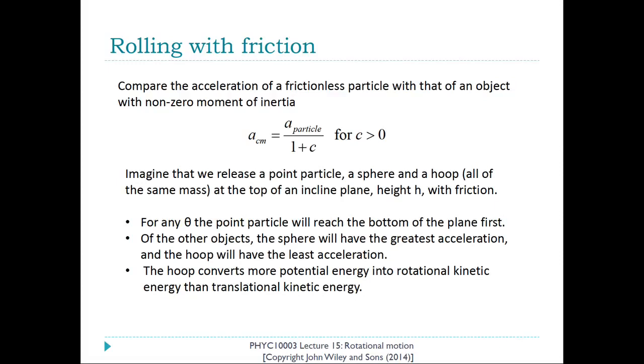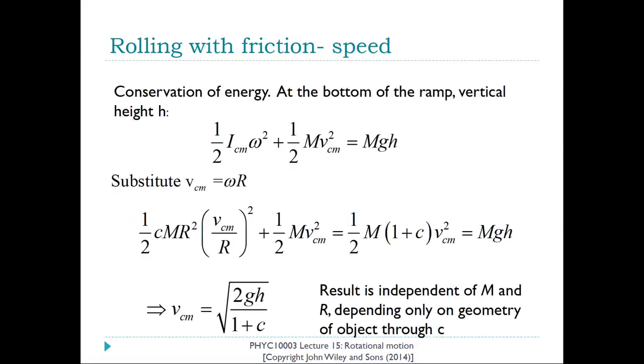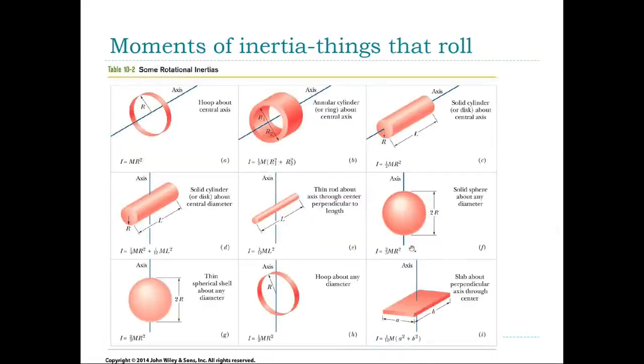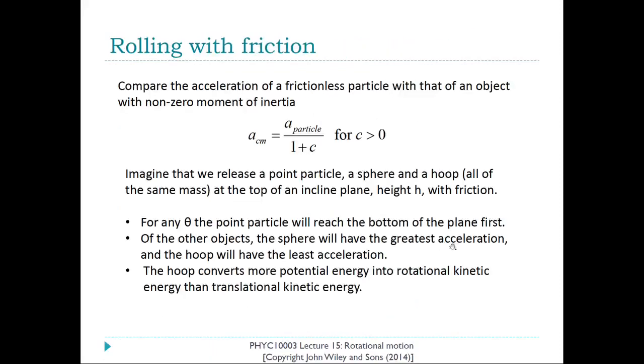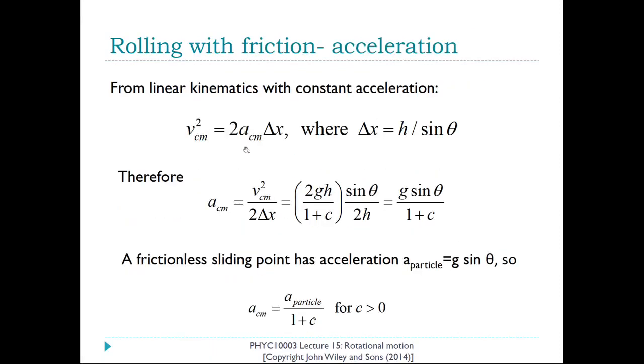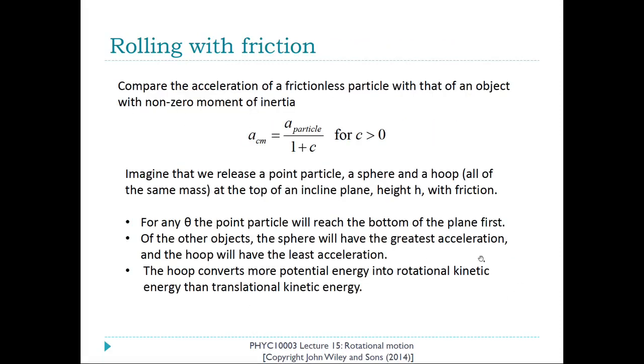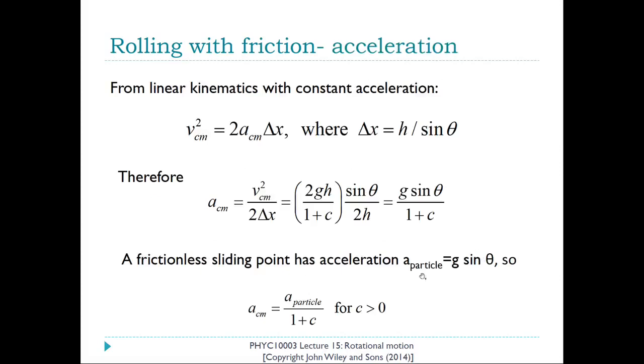And the reason for that, going back here, is that value of c. Remember, it's 1 for the hoop and 2/5 for the sphere. So if you're not sure why, go back to this equation, cranking your numbers for that value of c. So for the hoop, c is going to be 1, but for the sphere it's 2/5.